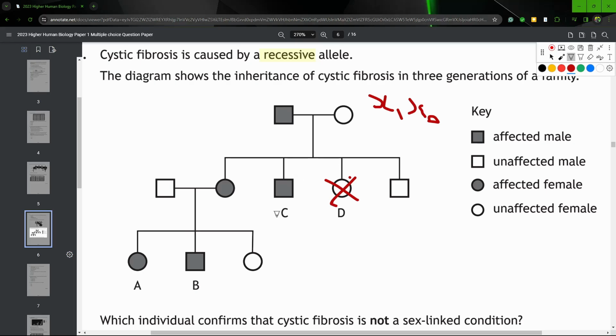Because he will only have XY, he won't have another X chromosome to override the faulty one. So it could be sex-linked in that case. So C doesn't tell us that it's not.